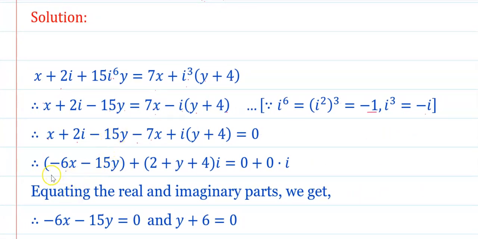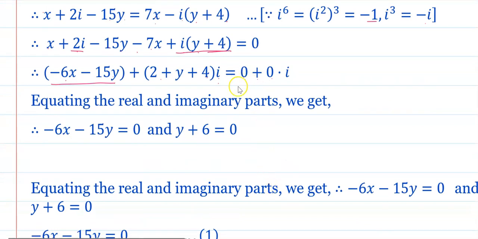These are the real part. What about the imaginary part? हा 2y इथे i in bracket y plus 4. Take i as a common in bracket, 2 plus y plus 4, bracket complete into i is equals to 0 plus 0 dot i.